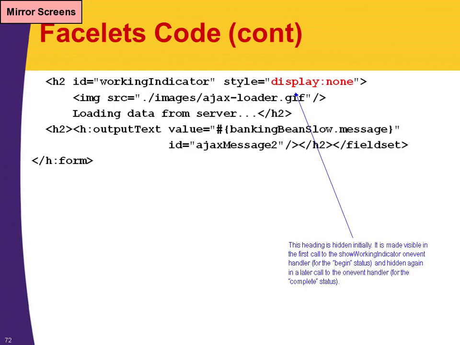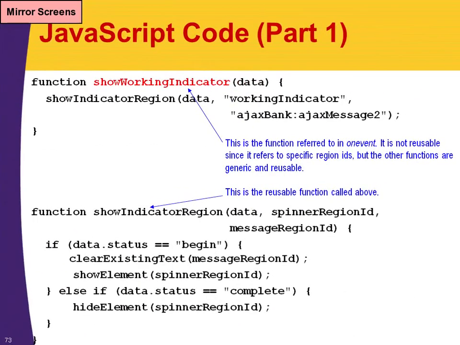Initially it's invisible, display none, but it has to be in there somewhere on your page. And here is the function that would be embedded in your JavaScript script. A lot of this is boilerplate, so you would simply look up examples of how this is done, and then you could use it.